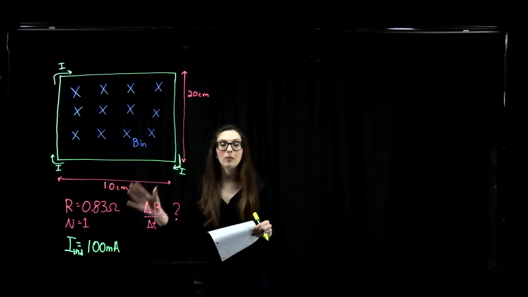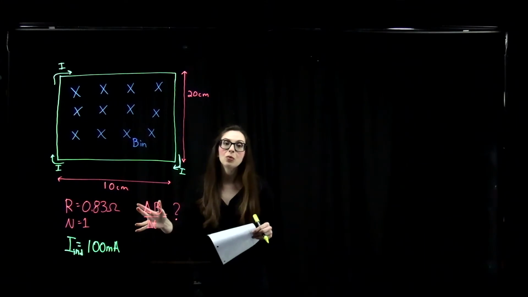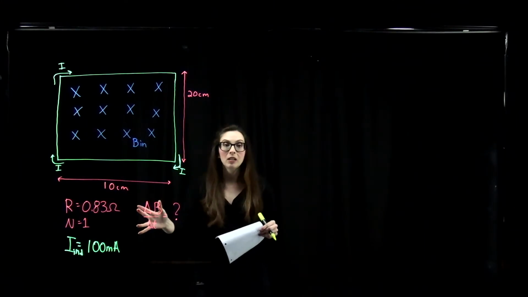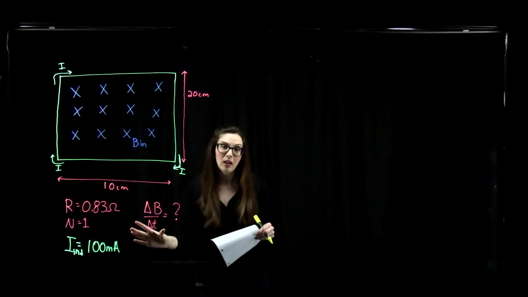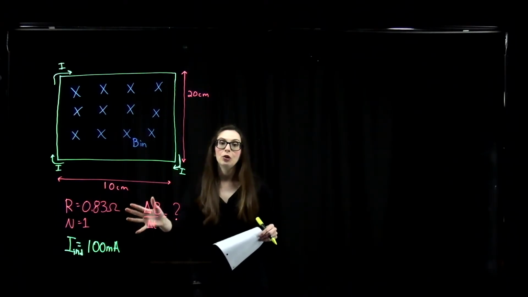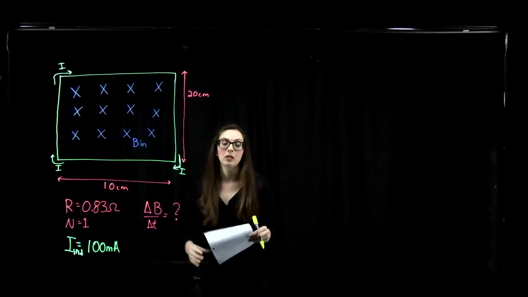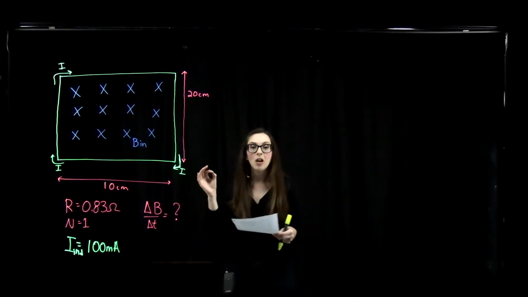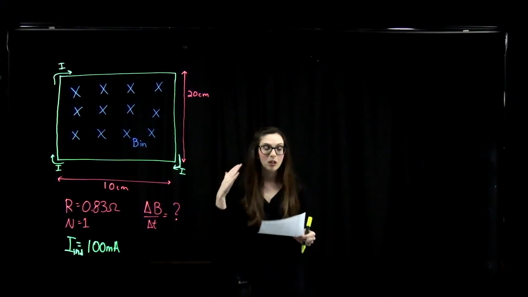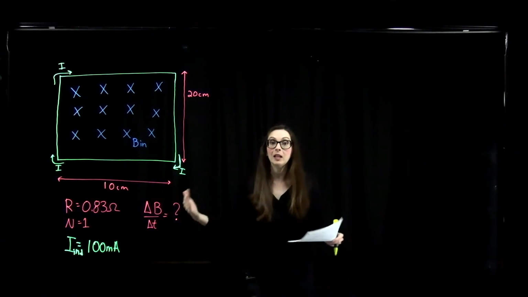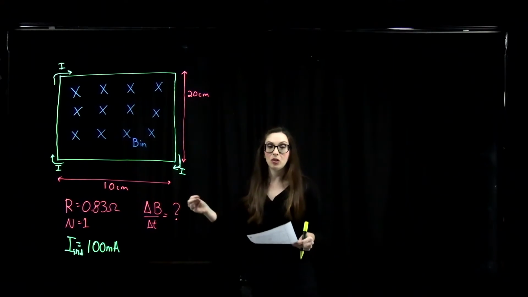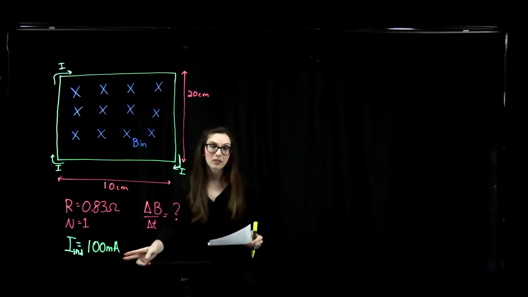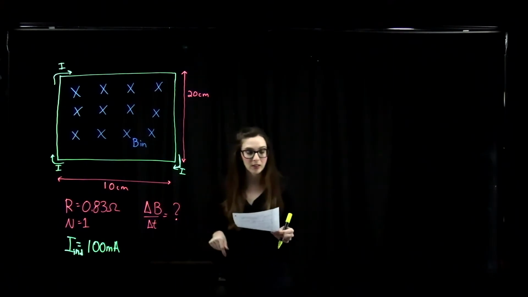With that information, we need to figure out the rate of change of the magnetic field, the change of the magnetic field over time, in order to create this induced current. If we have a changing magnetic field, we're going to induce an EMF, and this EMF is going to induce a current. That's the 100 milliampere current here.